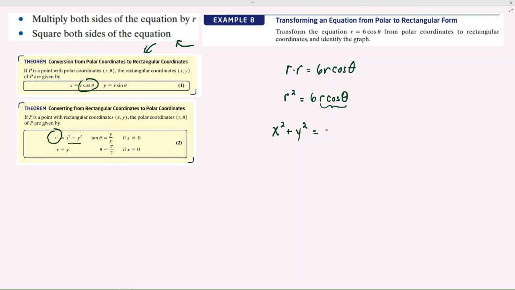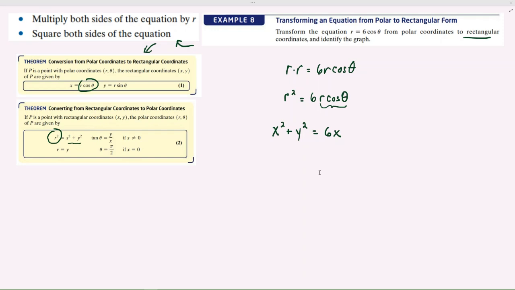So on this side we end up with the 6, and then we just replace r cosine theta with its equivalent x. Now everything here is in terms of x and y coordinates, so we've converted it to rectangular coordinates. And let's talk a sec about what the graph's going to look like.